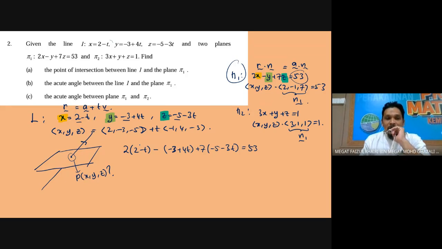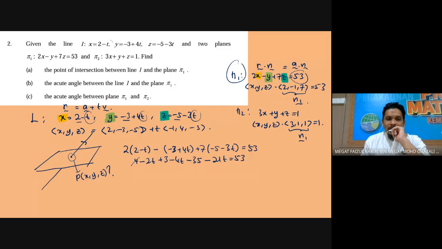Once we substitute, we find the value of t, then substitute that value of t into all the t's in x, y, and z. So 2 times 2 equals 4 minus 2t, positive 3 minus 4t, 7 times negative 5 is negative 35, minus 21t, equals 53.